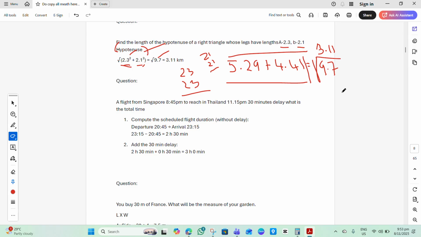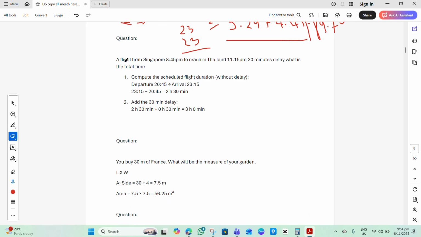After that you take the square root. The square root is sometimes difficult to find. 3 times 3 is 9, so you find 3, but the 7 is a bit tricky. So better you remember the square root of 9.7 is 3.11. Then for this question, we actually go only 20%, still we have the 80% to go.